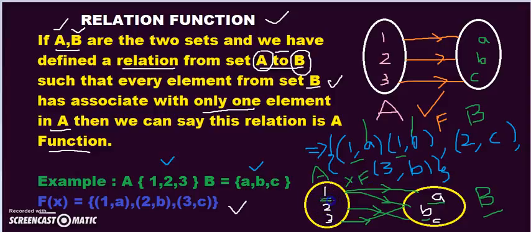Because we have the same element associated with two elements in B. So we can say that every function is a relation, but every relation is not a function.